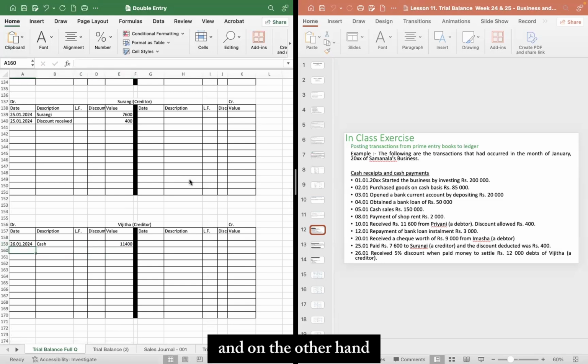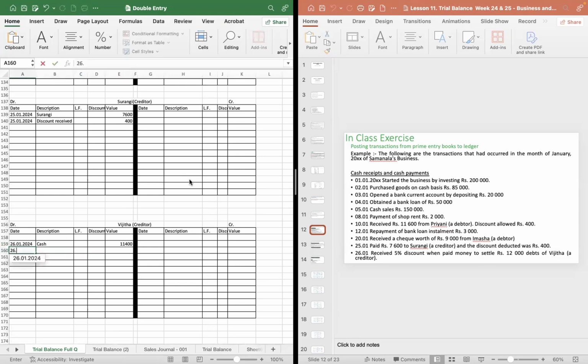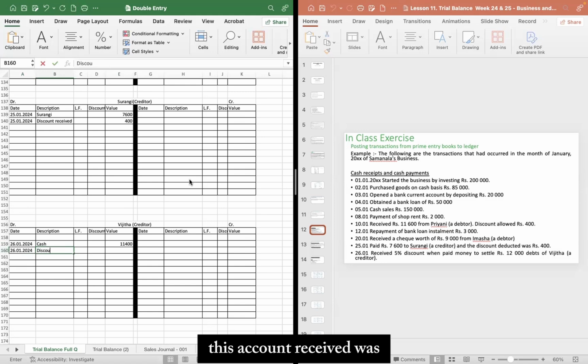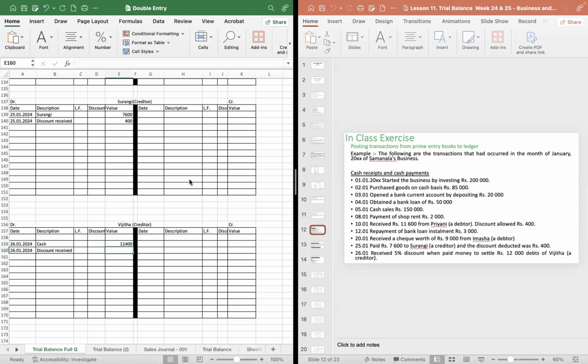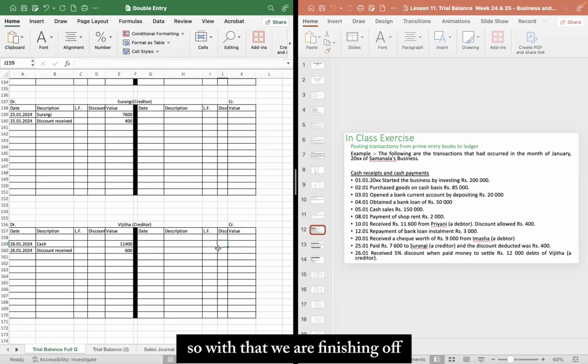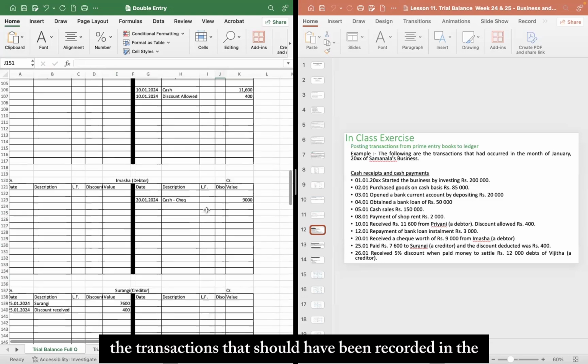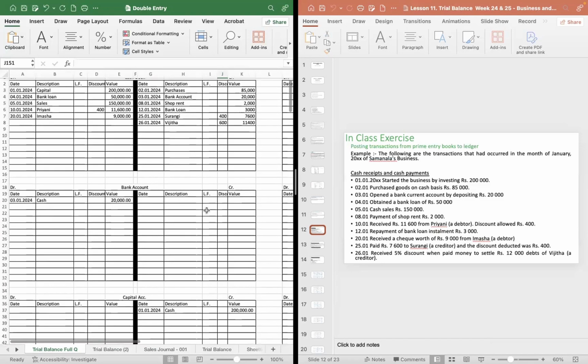And on the other hand, discount received was 600. Okay. So with that, we are finishing off the transactions that should have been recorded in the cash account.